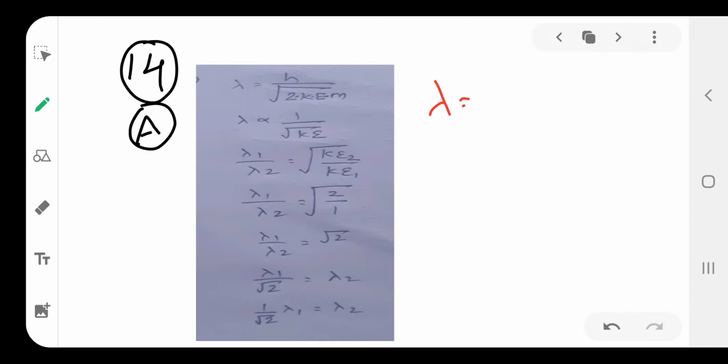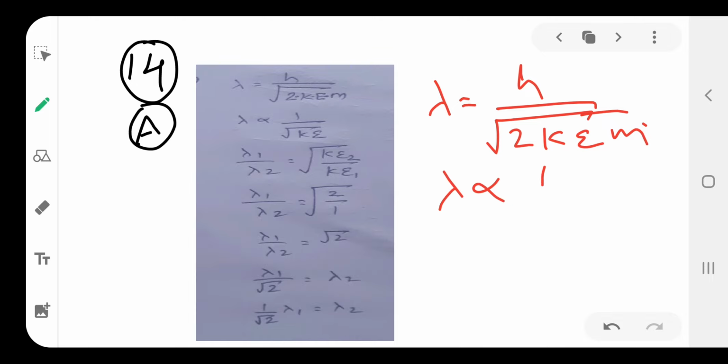Kinetic energy wavelength relation: lambda is equal to h by under root of 2 into kinetic energy into m. By using this formula, h is constant, mass of electron also constant, then lambda is proportional to 1 by under root of KE.